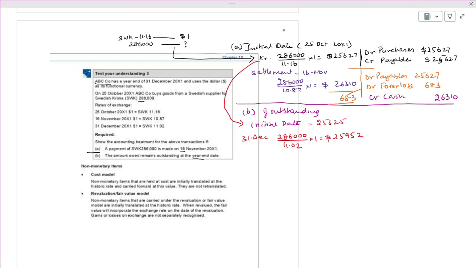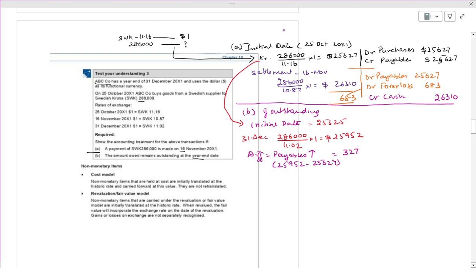The difference is how much? Payables are increasing. 25952 minus 25627. How much? 327.